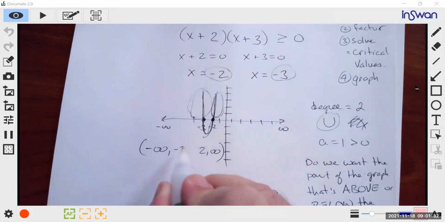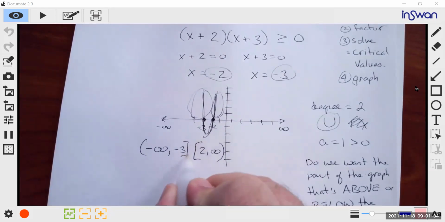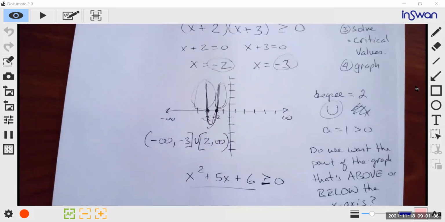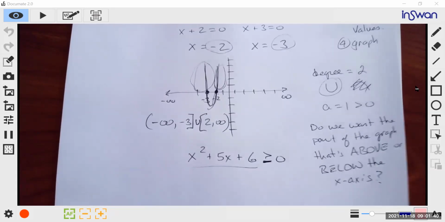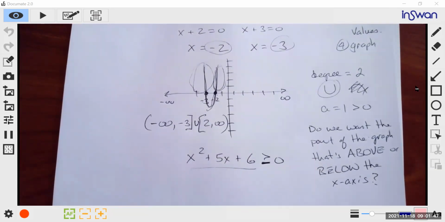It's equal to, so it's a bracket. And we have a union between there. So move everything to one side, factor the equation, find the critical values, plot them, sketch the graph, and look, if it's greater than, it's above, if it's less than, it's below.